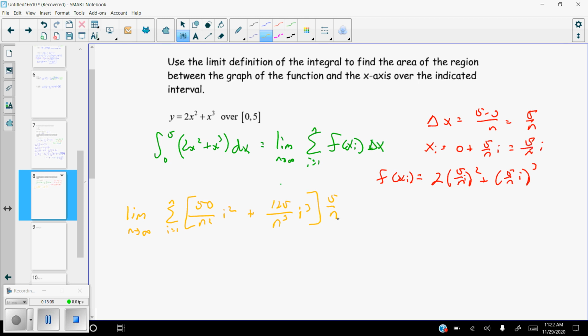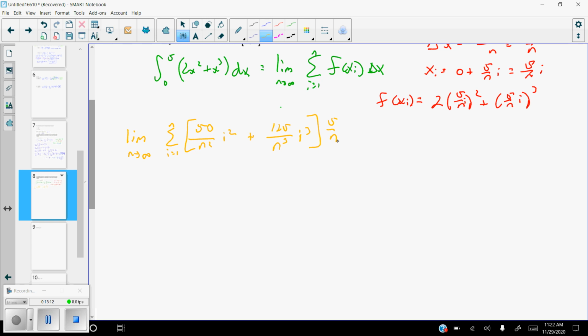Like I said, I'm going to start to shorten this process just a little bit. I'm going to distribute the 5 over n, but I'm also going to pull out the constants and separate the sums all at one time. So my next step is the limit as n goes to infinity. Distributing 5 times 50 is going to be 250. n times n squared on the bottom is going to give me n cubed.